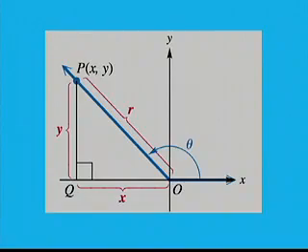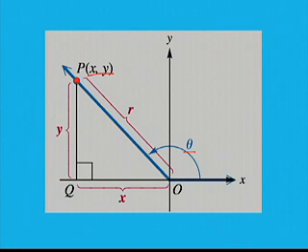The 6 trigonometric functions of a given angle theta are defined in our first graphic using their customary abbreviations. Here we have angle theta in standard position. We have a point x, y that lies on the terminal side of angle theta.